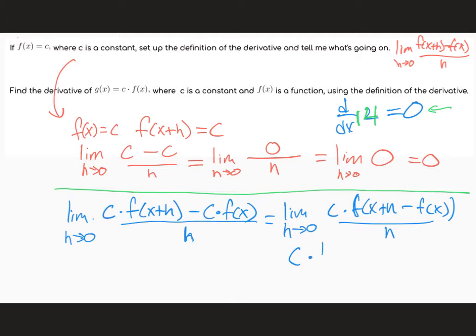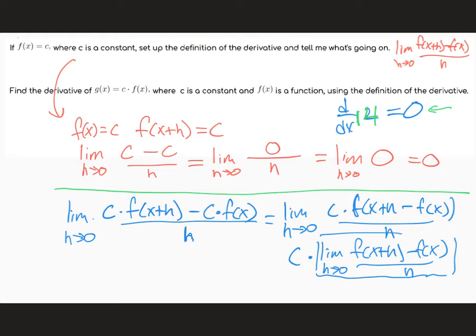So c times the limit as h approaches 0 of f of x plus h minus f of x over h. And here we have the definition of derivative for f of x. So the derivative of a constant times a function is going to be that constant times the derivative of that function.